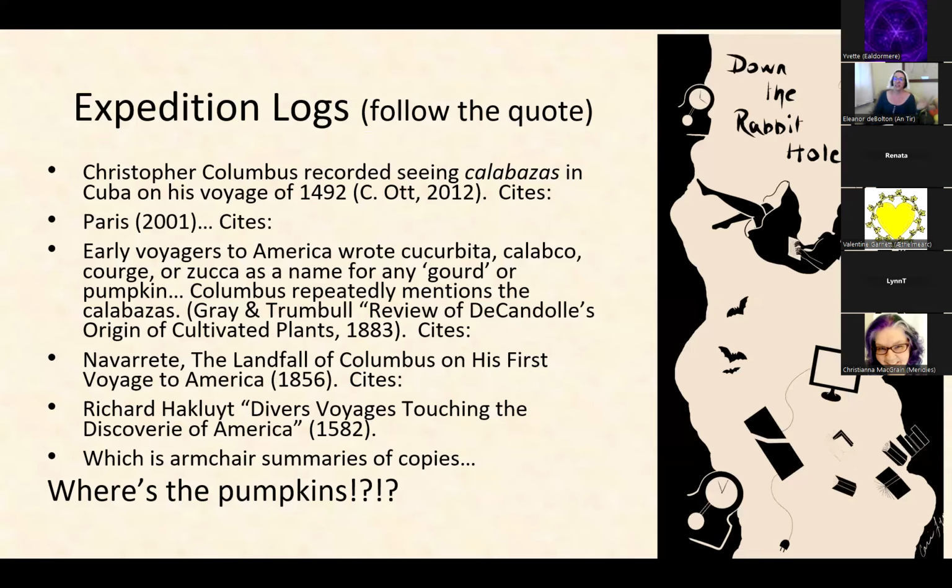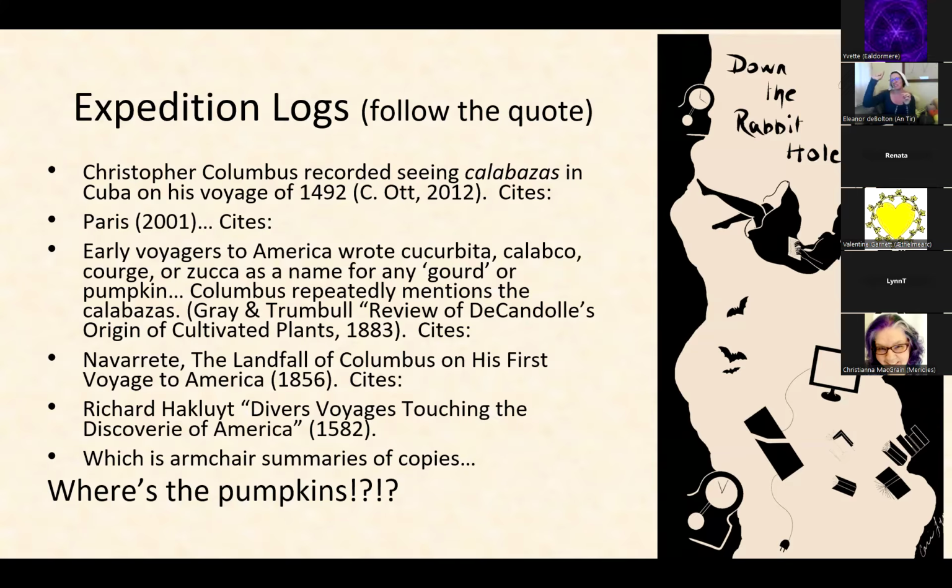Same thing goes for the expedition logs themselves with the words. Most everybody quotes that Christopher Columbus has calabazas, and therefore he saw pumpkins. There's a couple of things to look at with that.